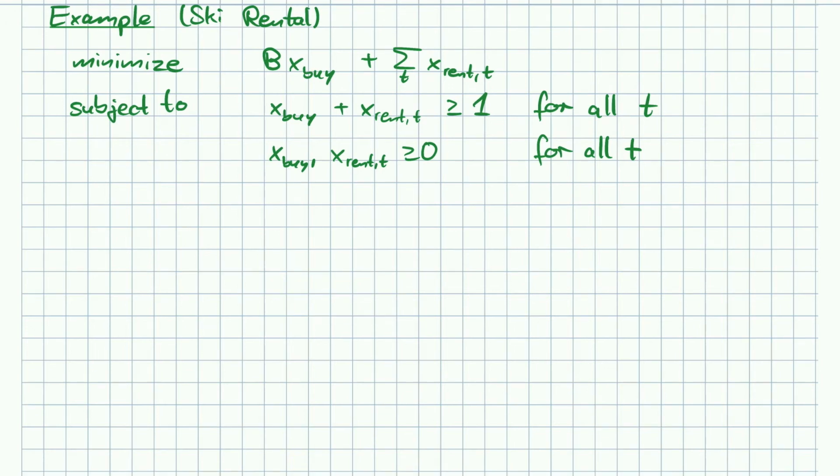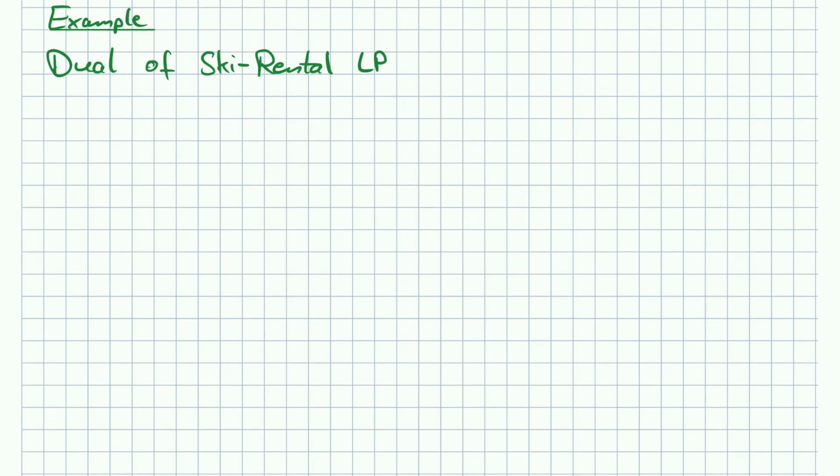And if you now do this here, you'll see, okay, we'll have to now again maximize the sum of the y_t. And what are our constraints?